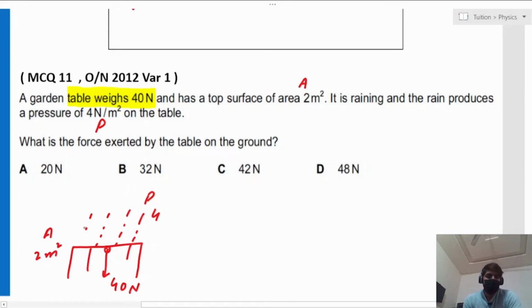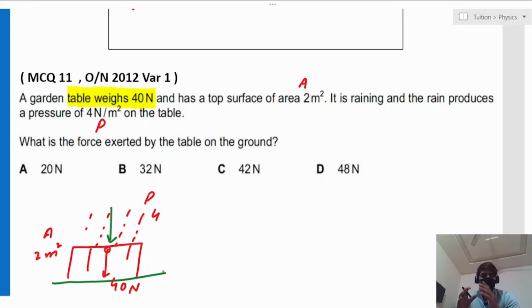So from that pressure being applied on an area, a force would be produced on the table. Downward force would be there on the table. So what you need to find is the total force that would be exerted by the table on the ground. So the total force would be the sum of the weight of the table plus the additional force that is there due to the rain.